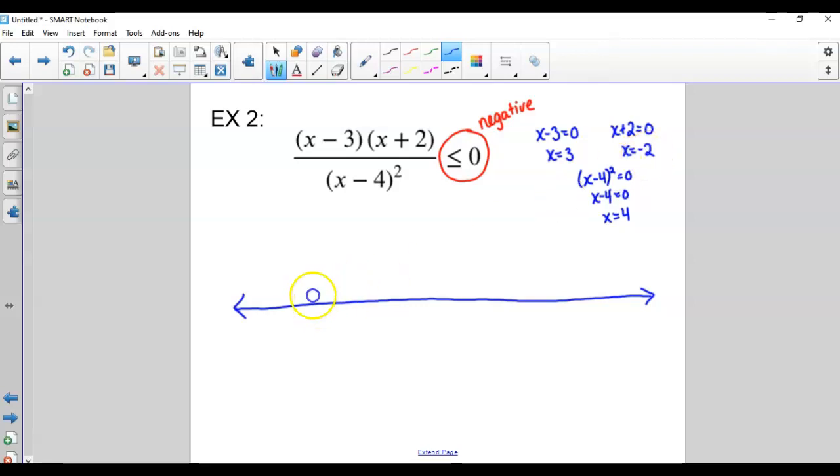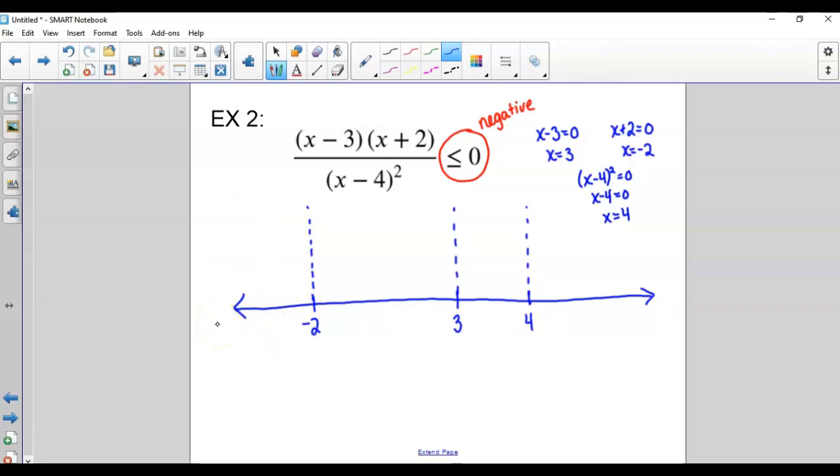So we need negative 2 down here, we need 3 up here, and then we need 4 up here. And so this is going to split our number line into 4 different sections.